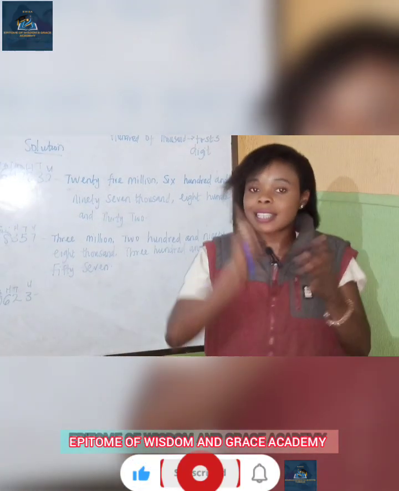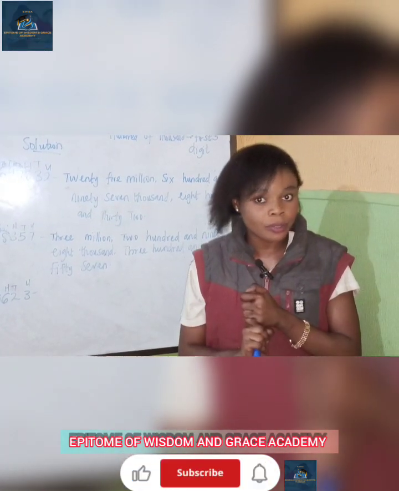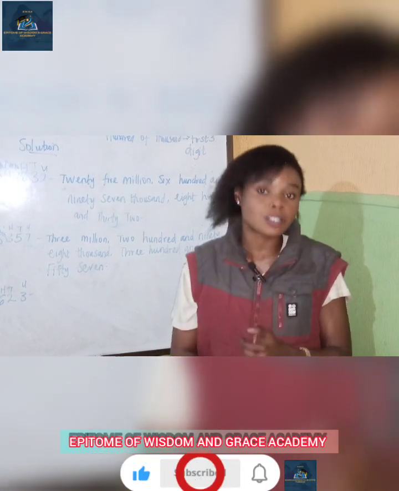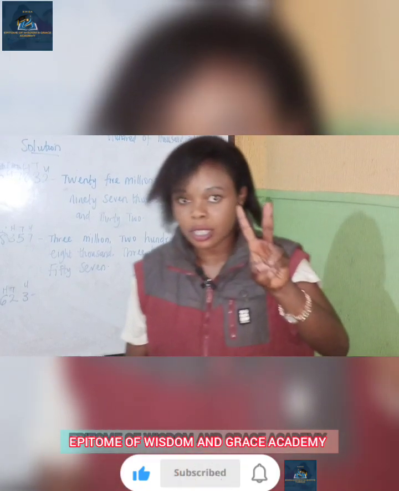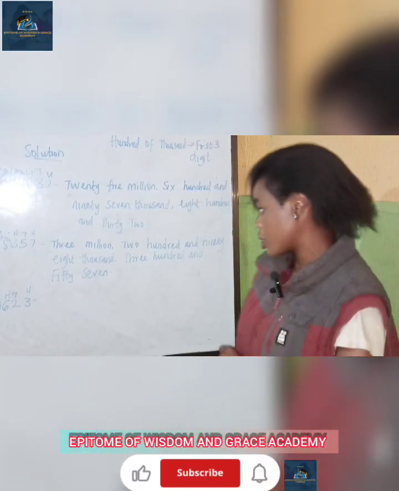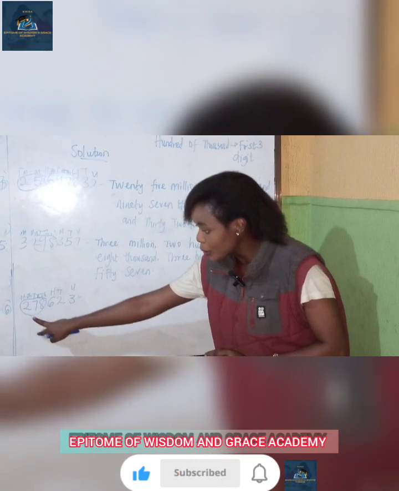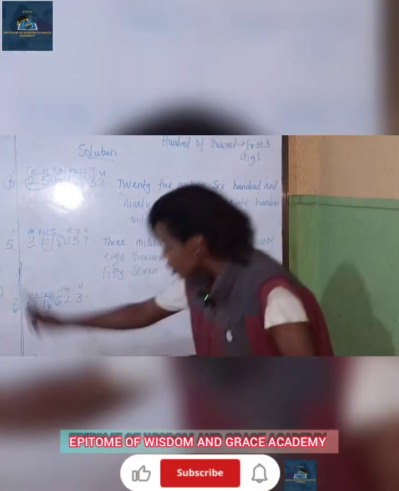When you see tens of million or tens of thousand, you circle the first two numbers. Tens is dealing with two figures. Hundred is dealing with three figures. So here we have hundred of thousand, so you circle the first three numbers.